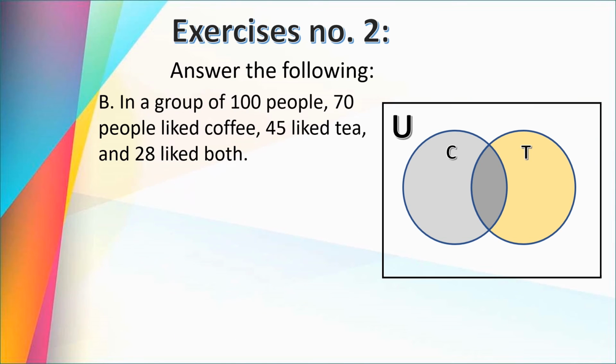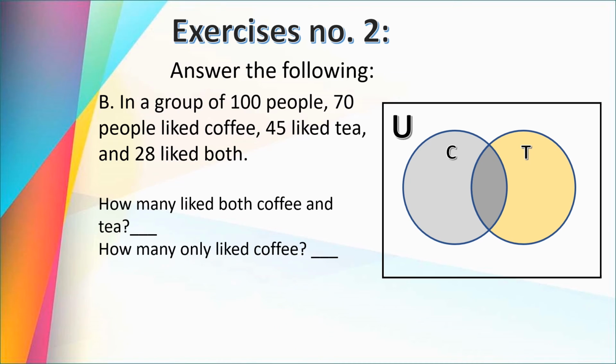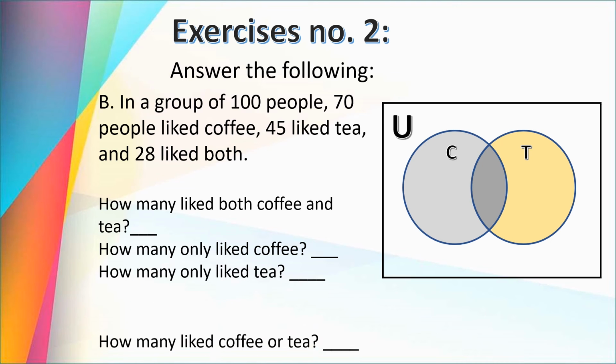Okay, for our problem number 2, in a group of 100 people, 70 people like coffee, 45 like tea, and 28 like both. So how many like both coffee and tea? How many only like coffee? How many only like tea?